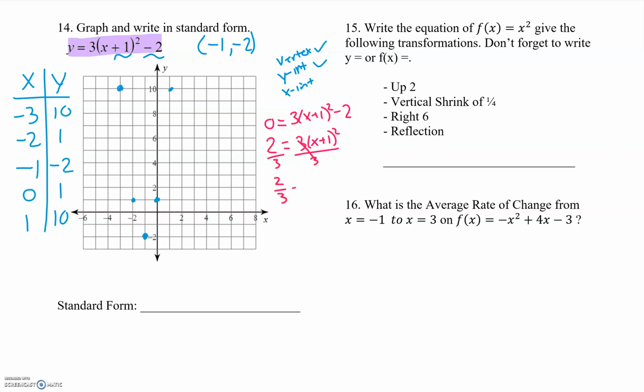So we get 2/3 equals x plus 1 squared. Square root both sides. So we get a plus or minus square root of 2/3 equals x plus 1. Get x alone by subtracting 1. So x is going to be equal to -1 plus or minus the square root of 2/3.